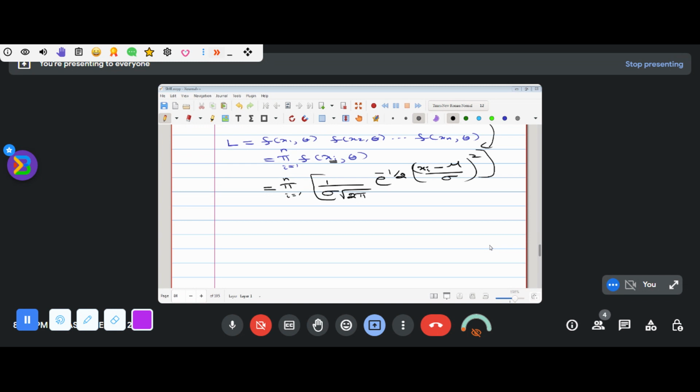This is a product rule. The constant term is multiplied n times.